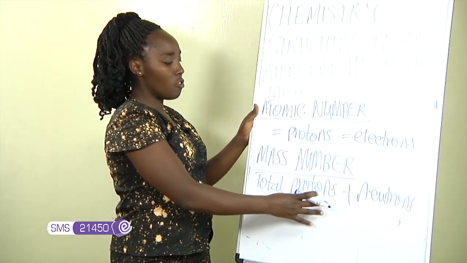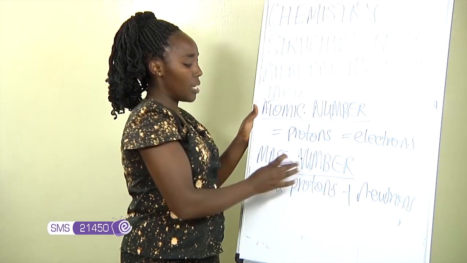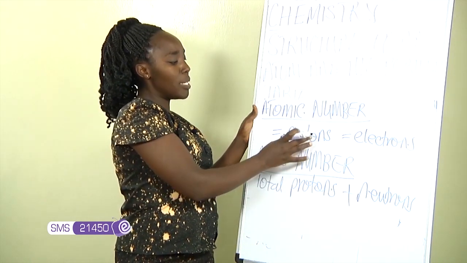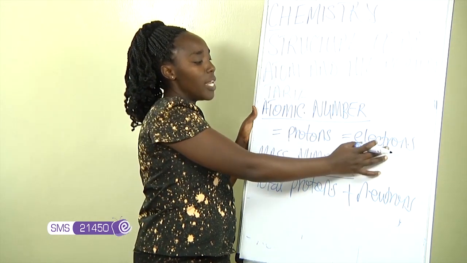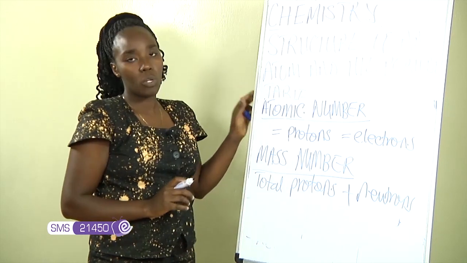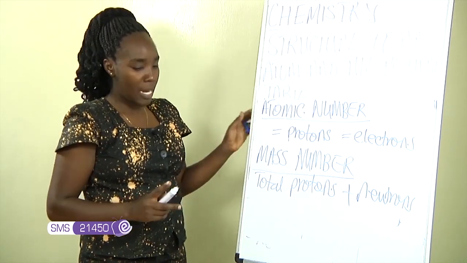So a combination of both protons and neutrons give us the mass number. The total number of protons, which is equal to the number of electrons in an atom, gives us what we call an atomic number.